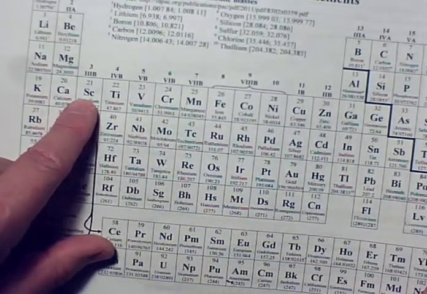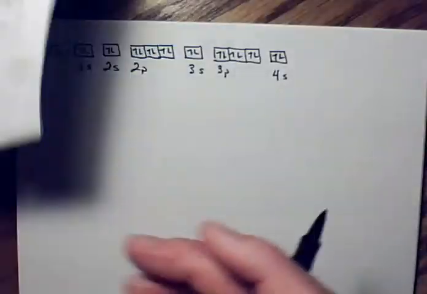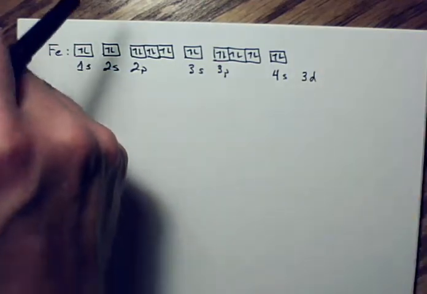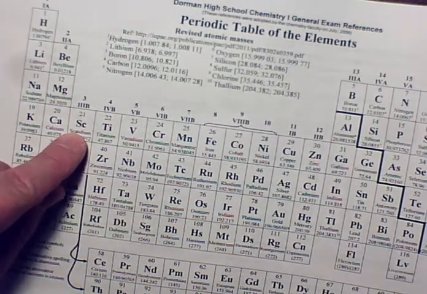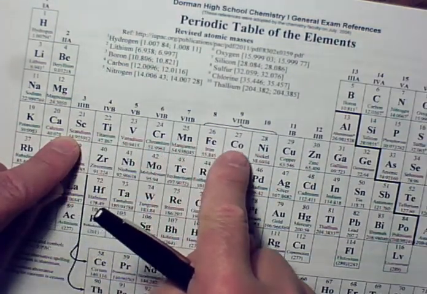Iron is in 3d, and there's 1, 2, 3, 4, 5, 6 more electrons. 3d has 5 boxes because there are 10 elements in that section representing the addition of 10 electrons. 1, 2, 3, 4, 5, 6, 7, 8, 9, 10.